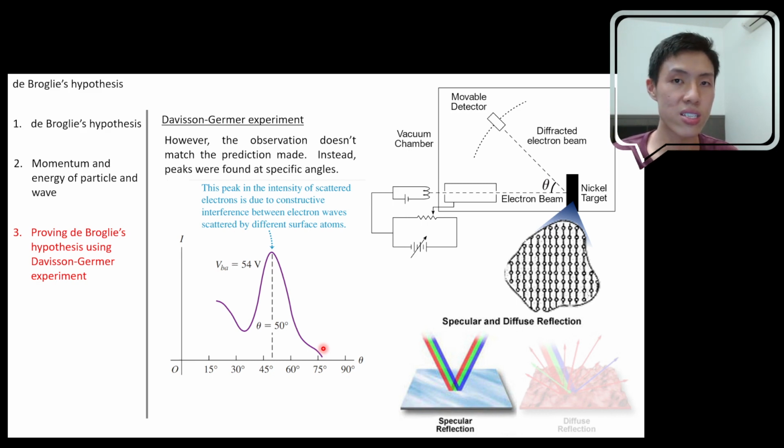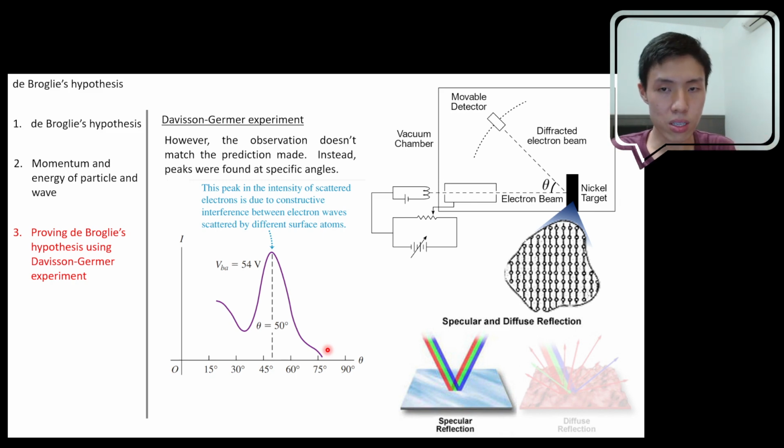If you want interference, it's an overlapping of two or more waves, right? So they find this peak over here, which can only be explained by thinking that the electrons will undergo interference. So if the electrons did indeed undergo interference, that means that the electrons will have wave properties. So this is the kind of thought process that they use in order to prove that electrons have wave properties.